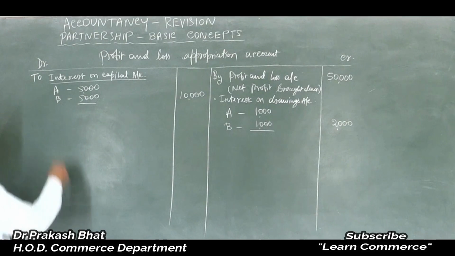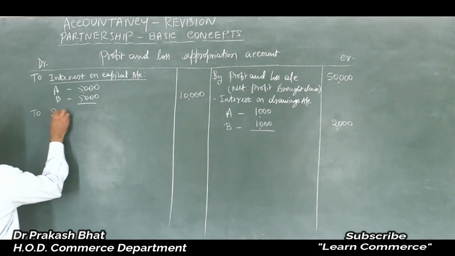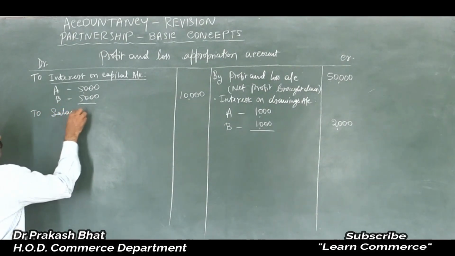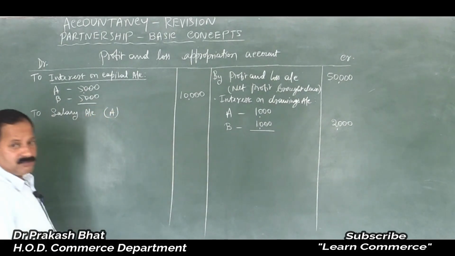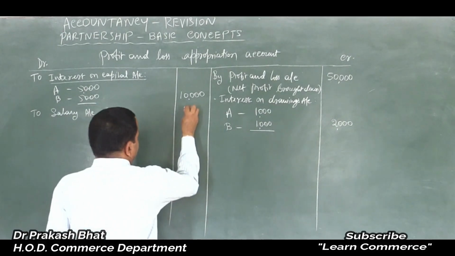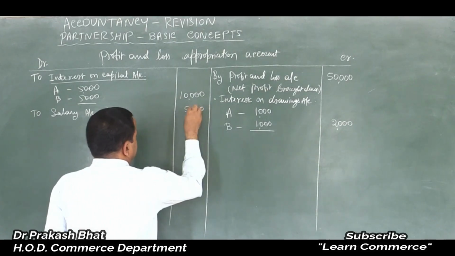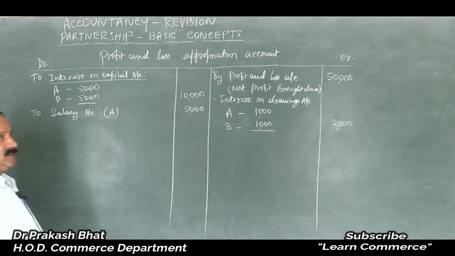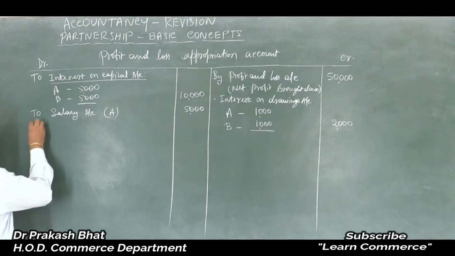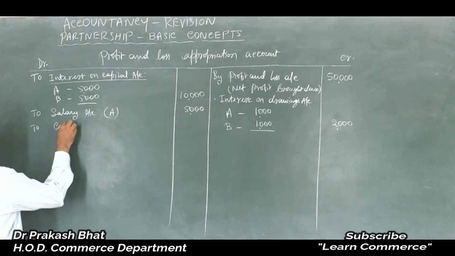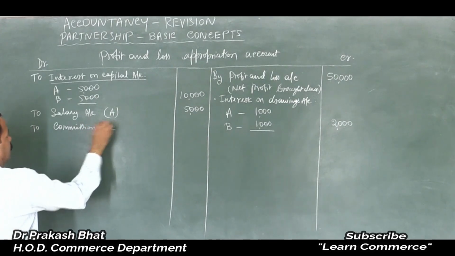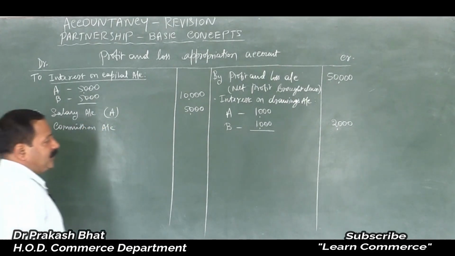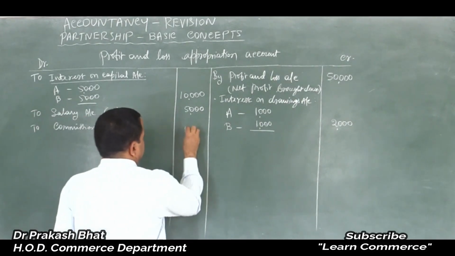Let us assume we have to pay salary to Mr. A only, let's take 5,000 as an example, right? Then to commission account, maybe only to B, I'll take it as 5,000.